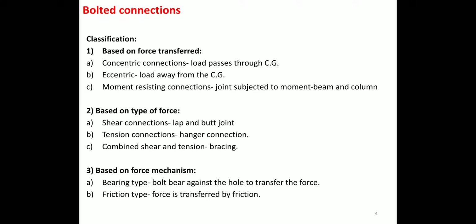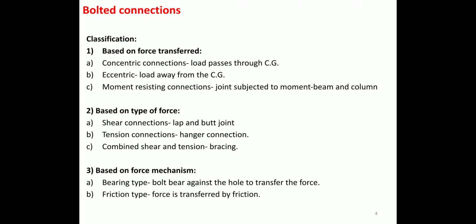Now coming to the next point: what are the different types of bolted connection? Various classifications are there. Based on force transfer, it is categorized into three types. A, concentric connections: concentric is nothing but the load which passes through the center of gravity, that is CG.